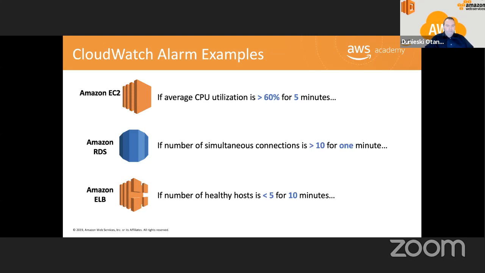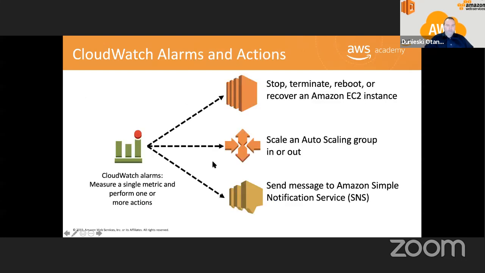And Amazon ELB, if the number of healthy hosts is less than 5 for 10 minutes, then create another one or do whatever is necessary. So these are types of alarms that you can create with any kind of services here with CloudWatch. You can do that in the alarms.